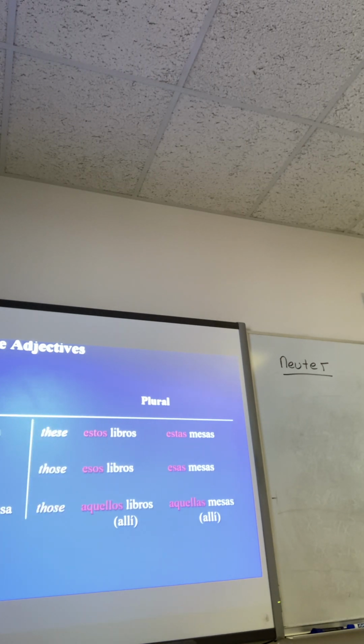Every noun in Spanish is either masculine or feminine. I had to study German. In German, they actually use the neutral gender. The word for boat, believe it or not, is just Boot, spelled B-O-O-T. Boats are neutral. It's das Boot.